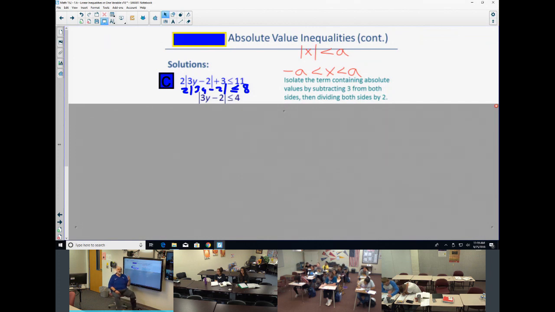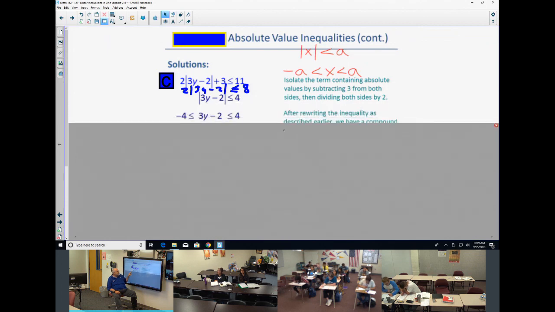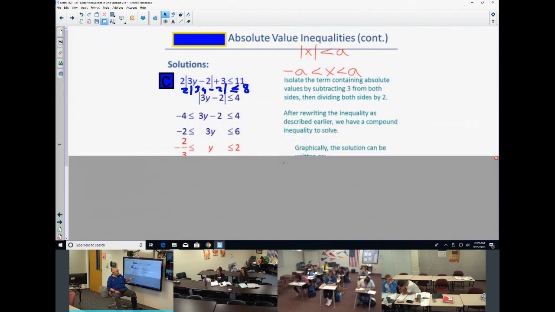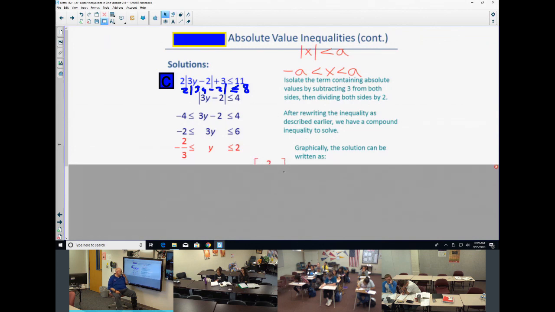Now you say, okay, that's a less than, so that's an and. So you take the opposite of this number and you say, negative 4 is less than or equal to 3y minus 2 is less than or equal to 4. Now you solve, get y by itself by adding 2 and then dividing by 3, and that's your answer.